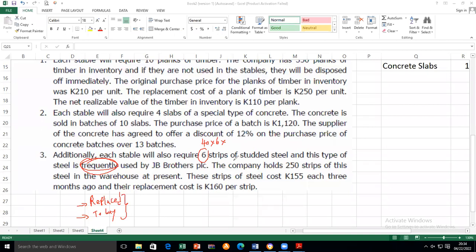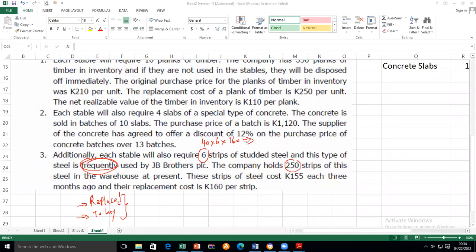The company holds 250 strips. It doesn't matter now. These strips of steel cost 135 and the replacement is 160. Although the company has got 250 strips, all of these will be replaced. So you multiply straight by 160 per strip.